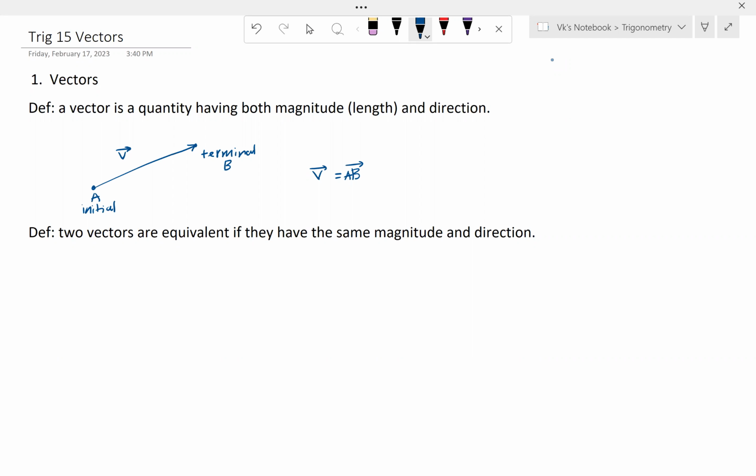To define vector addition, let's take a look at another definition. Two vectors are equivalent if they have the same magnitude and direction. Now, let's take a look at vector addition. Let's say we start right here.